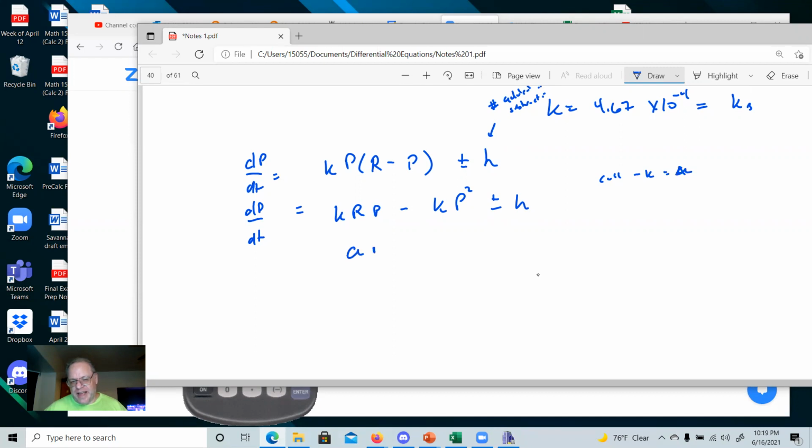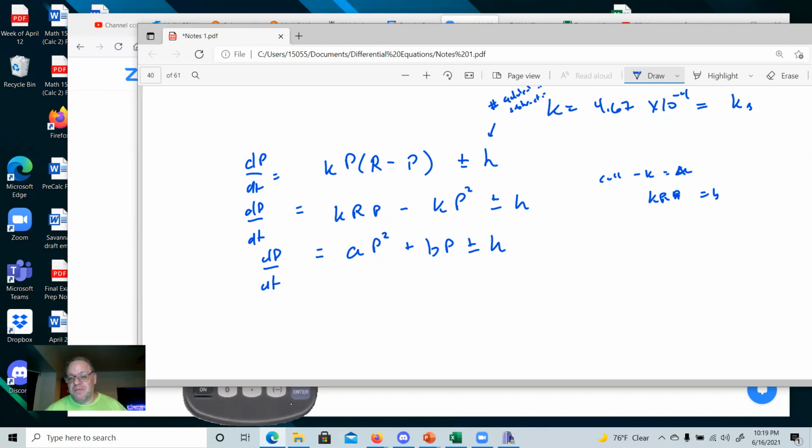So we'd have a P squared plus KR P, or KR is equal to B, plus or minus H, is equal to dP by dt. And then we could divide by this, and we'd have all the fun of completing the square and having that integration come by.